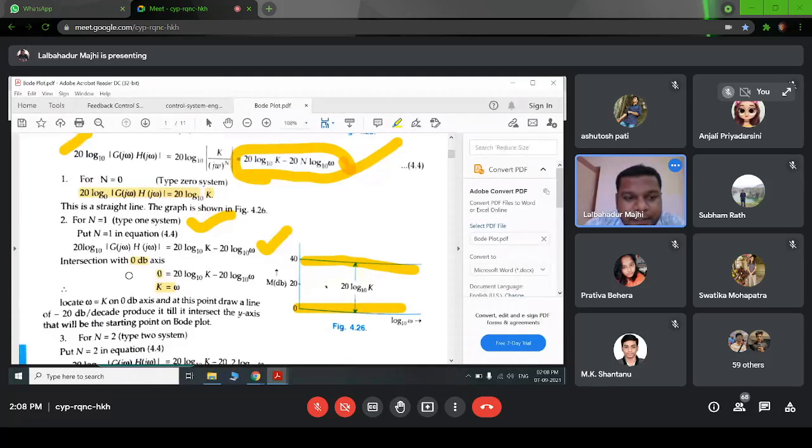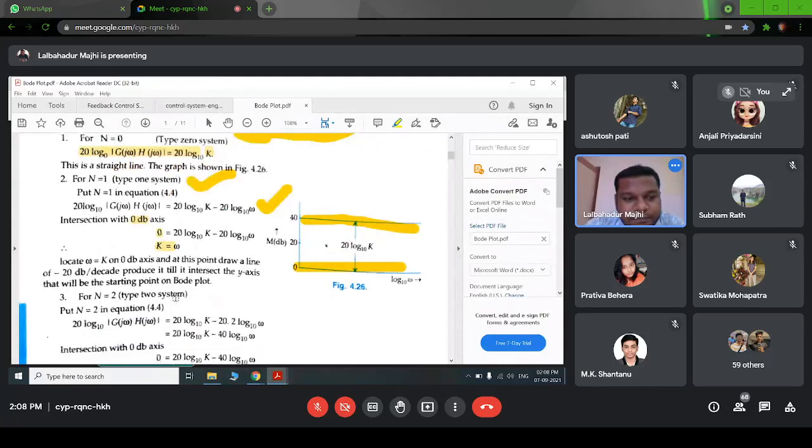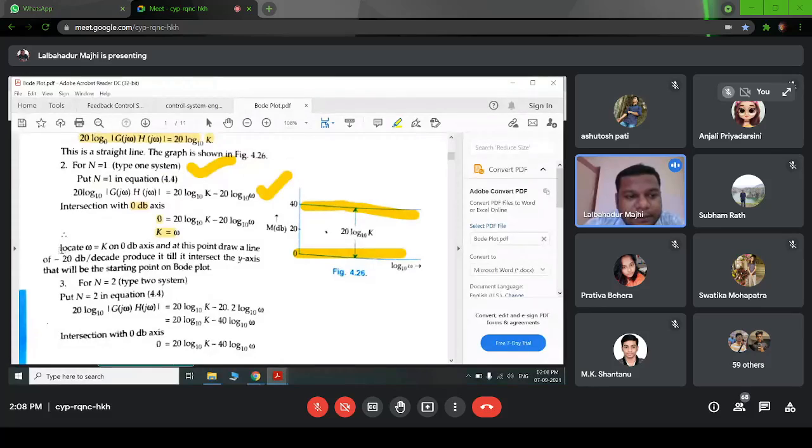So while plotting a type 1 system, we locate omega equal to K on the 0 dB axis, and at this point we draw a line of minus 20 dB per decade till it intersects the y-axis. We'll see this in the example.